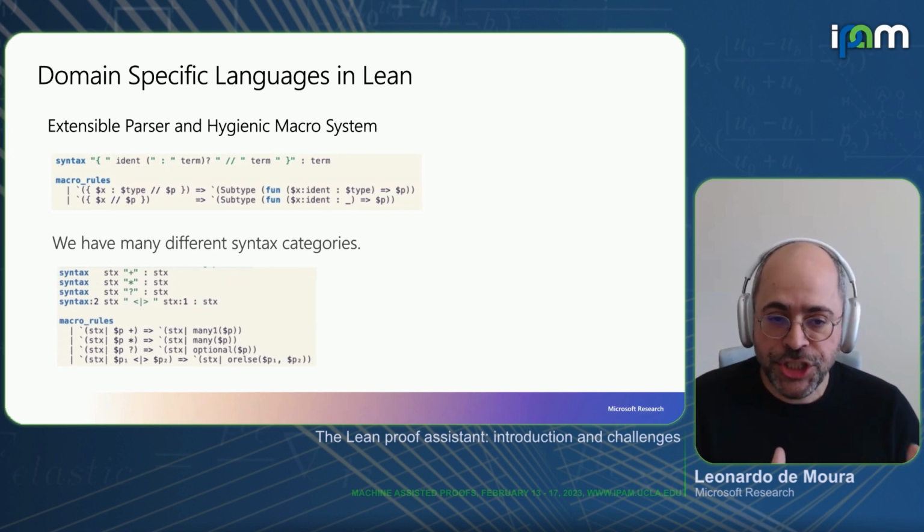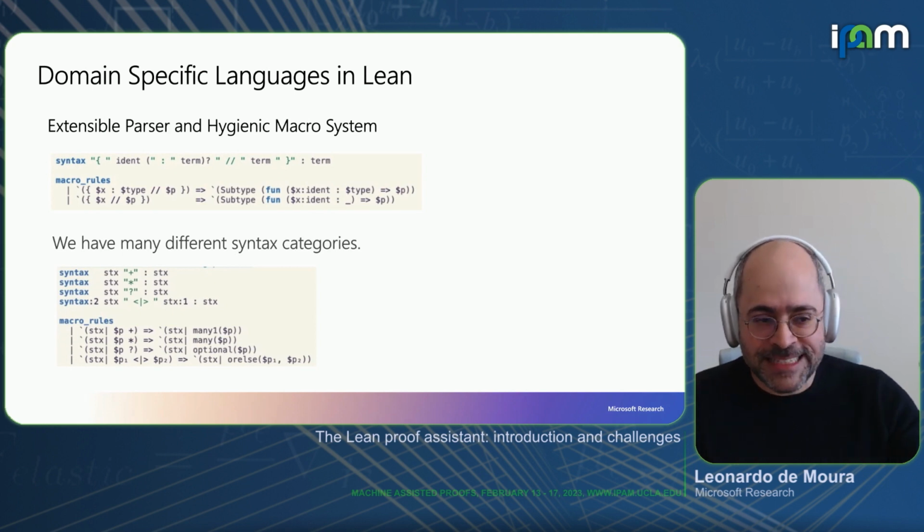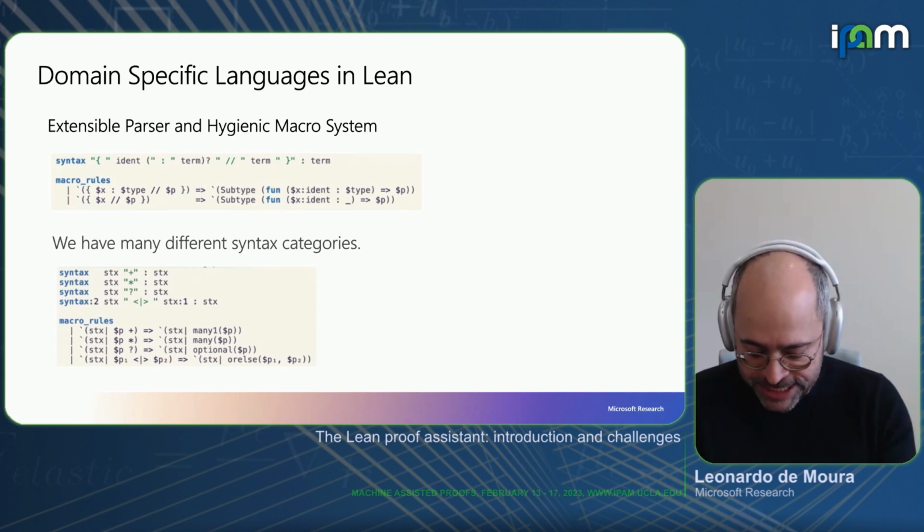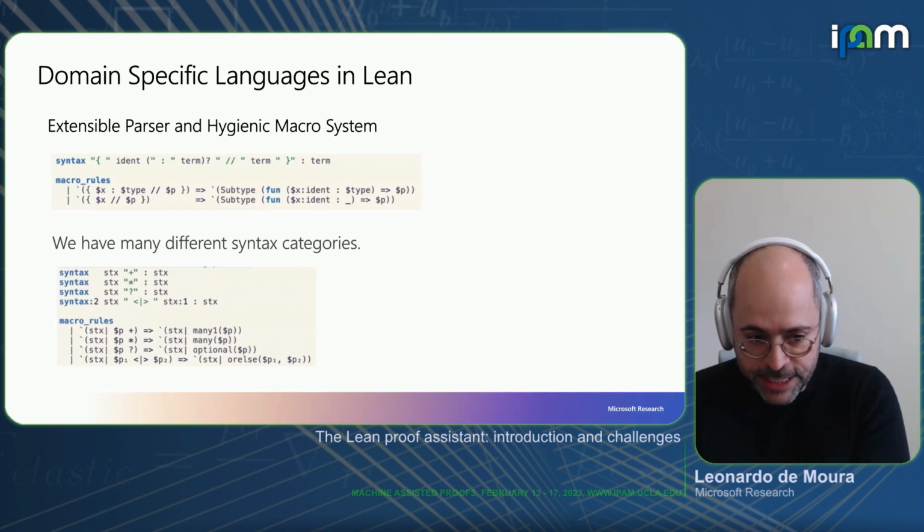And in Lean, we have a hygienic macro system. What does it mean to be hygienic? A hygienic macro system is one in which you cannot perform accidental name capture, right? And the Lean macro system has this property. You can define syntax and you can define macros, how to transform the syntax that you just added into existing notation.